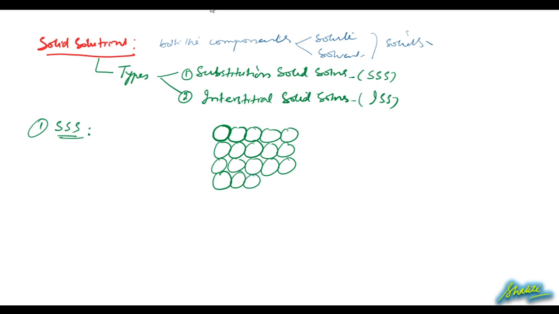For example, this is a crystal lattice of one type of substance, and now I will show you that another substance takes the place of that substance.